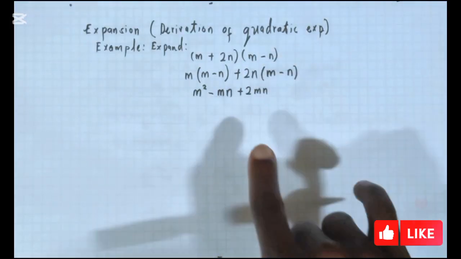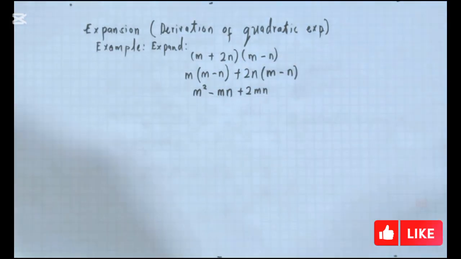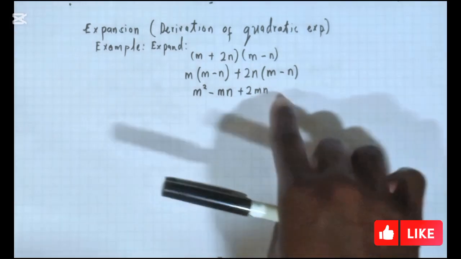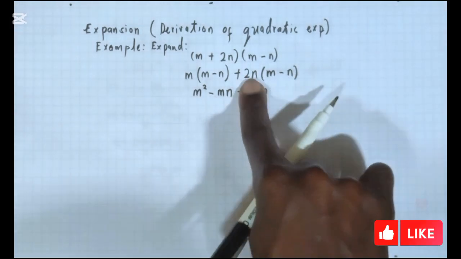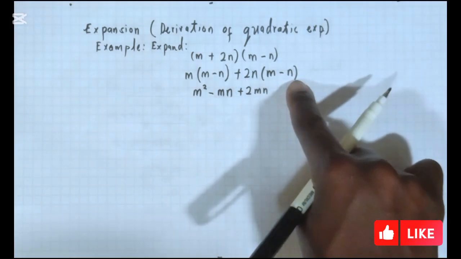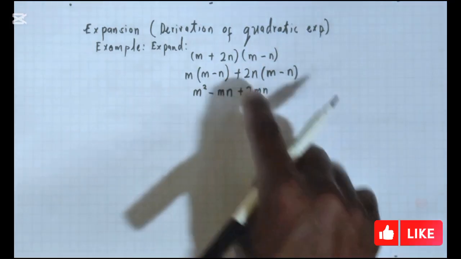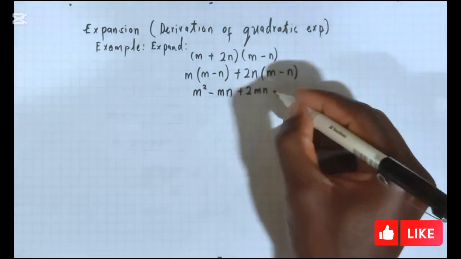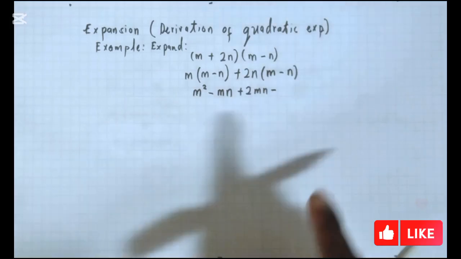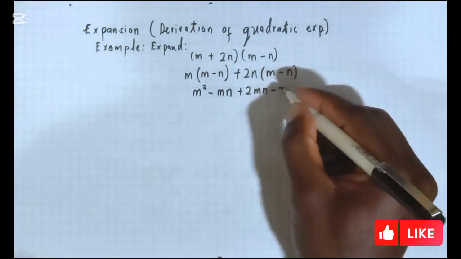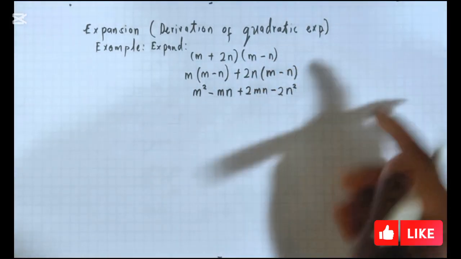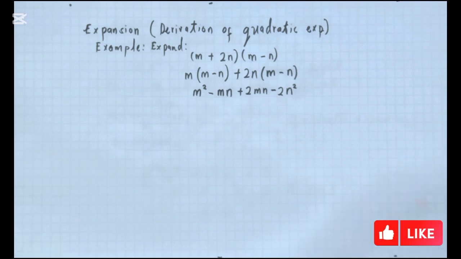Then 2n times negative n: a positive number times a negative number gives us a negative, and so it's minus 2n squared, since it's n times n and the powers add.